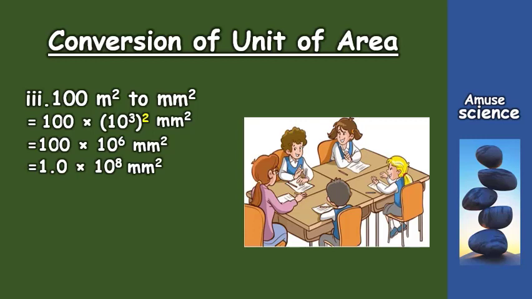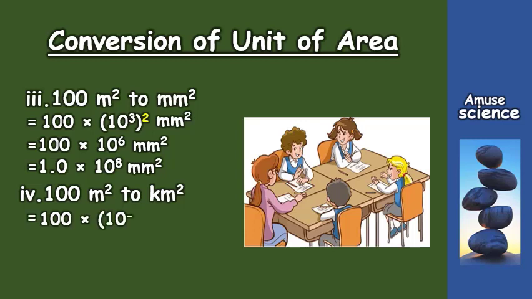The fourth one, we are supposed to convert 100 meter squared to kilometer squared. Once again, we are going to introduce the kilo into our final answer. So we are going to get 100 times 10 exponent negative 3 squared, and this moves our answer into kilometer squared.